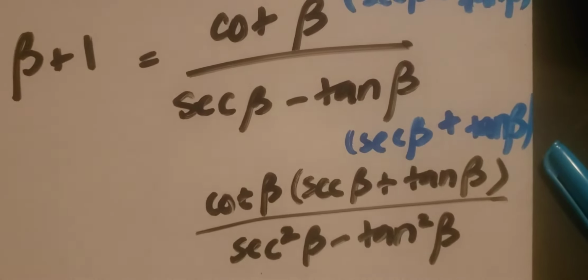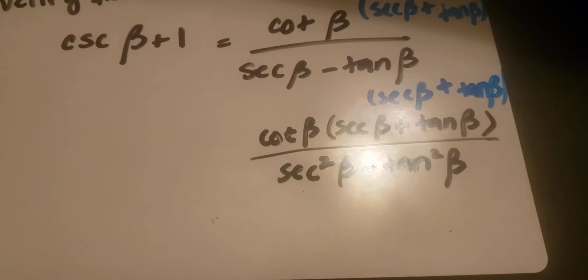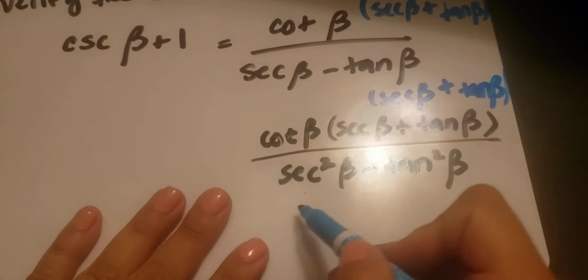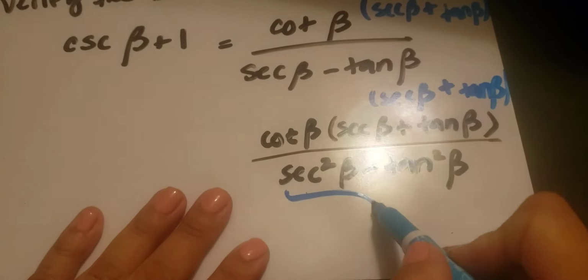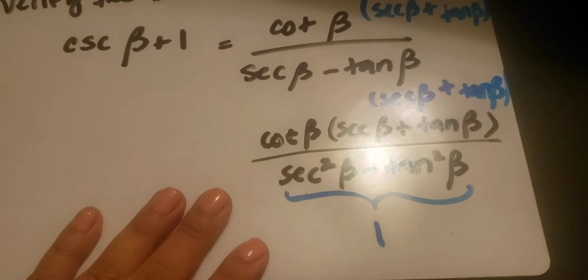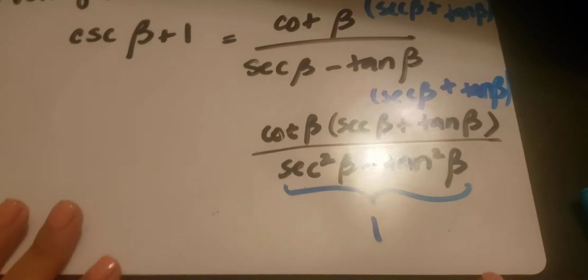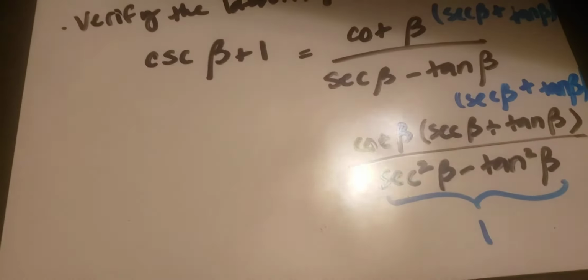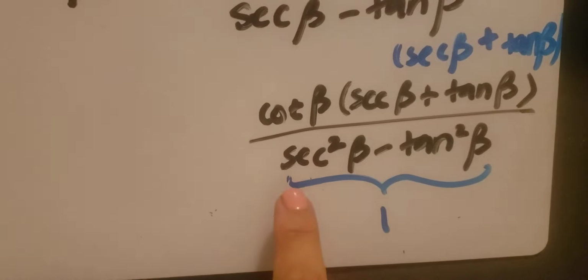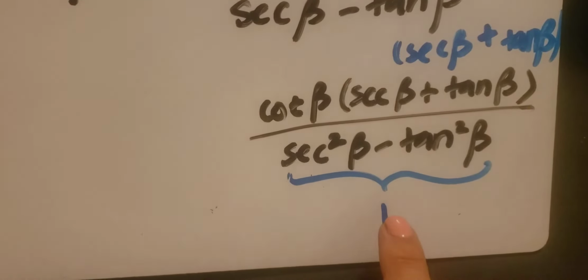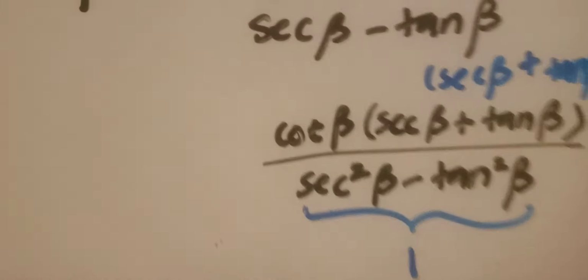Now, what happens next is I'm going to use one of the trig properties, one of the Pythagorean identities, and basically the denominator will simplify to give me 1, okay? I'm running out of room here, so let me grab a different whiteboard. So applying one of my Pythagorean identities, the denominator simplifies to 1, so I should just have my numerator.